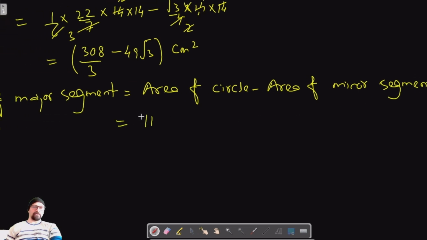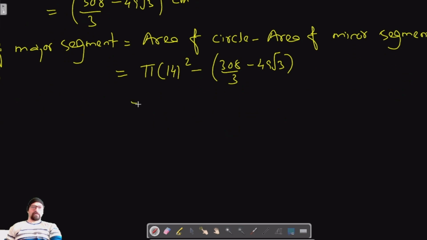Area of circle is pi r square, which is 14 square, and minor segment is 308 upon 3 minus 49 root 3.